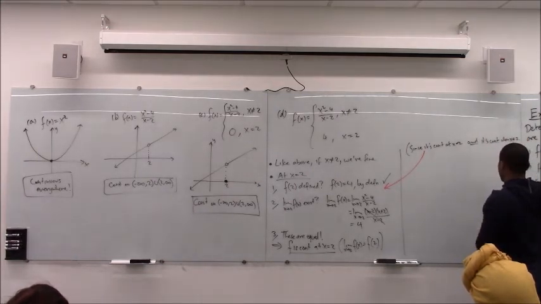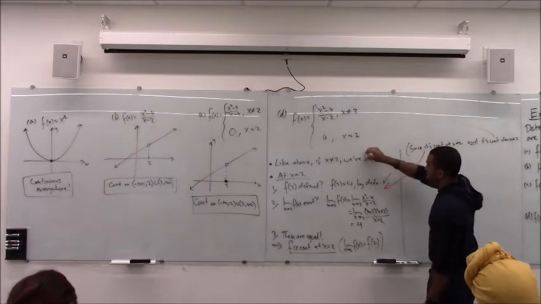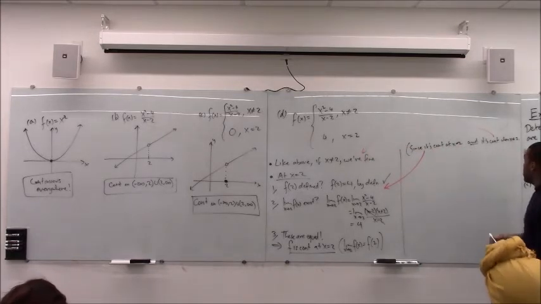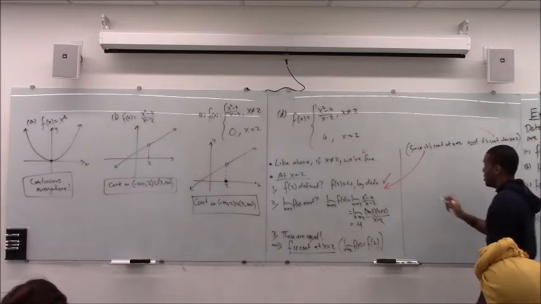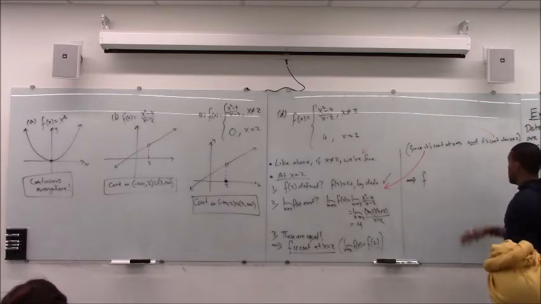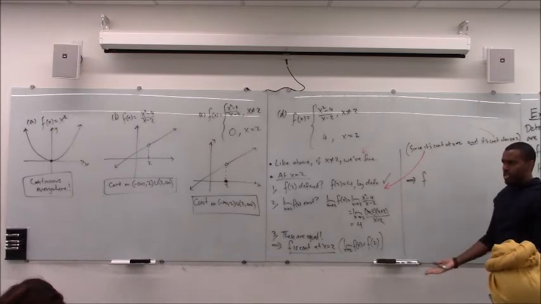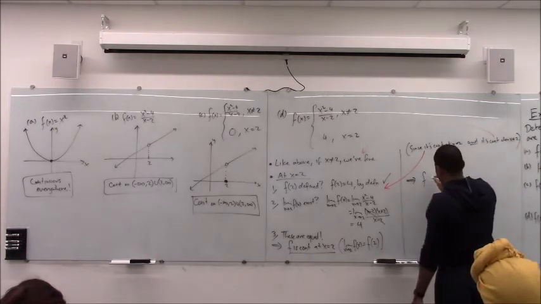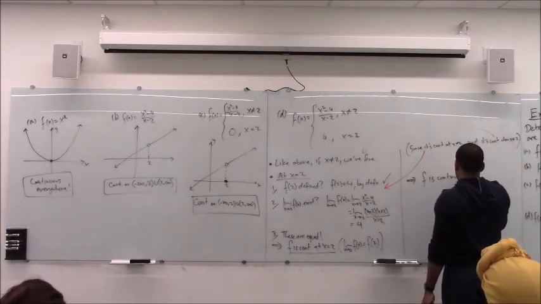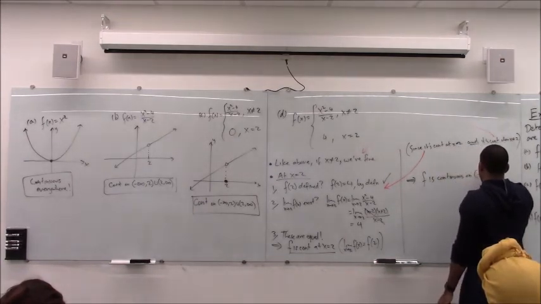Now, we didn't actually show it, but I at least mentioned it right here. Those two things together now allow me to continue the conclusion. If it's continuous when we're at 2 and it's continuous when we're not at 2, then it's continuous everywhere. It's continuous always. F is continuous on the entire line.